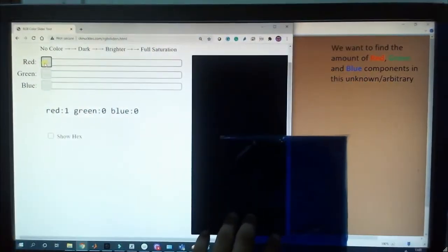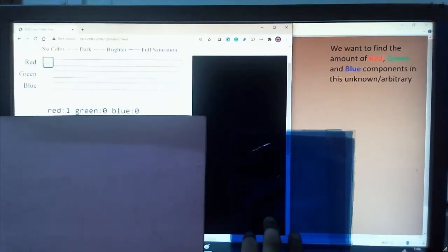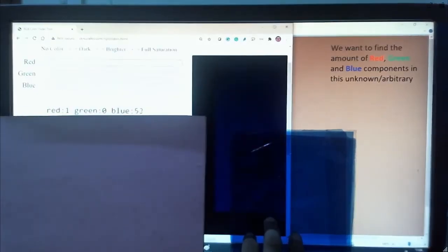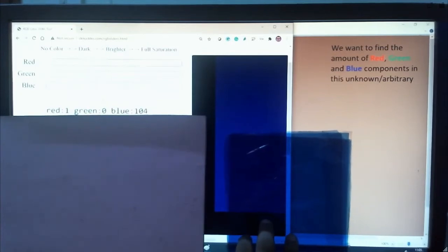I shall hold it here and try to match the brightness, and I shall note that value when the brightness is almost equal. Okay, so this value seems close to 100.